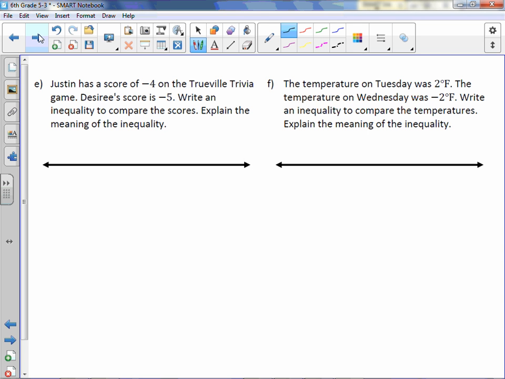Justin has a score of -4 in the Trueville Trivia game. Desiree's score is -5. Write an inequality to compare the scores. Explain the meaning of the inequality. So on a number line, if this is 0, we have -1, -2, -3, -4, -5. Here's -4. Here's -5. Now Justin had -4 and Desiree had -5. So we could say that -4, since it's further right on the number line, is greater than -5.